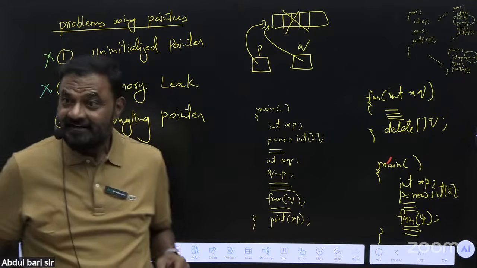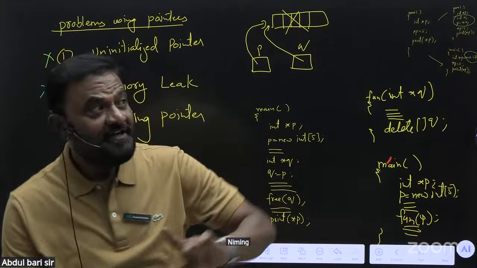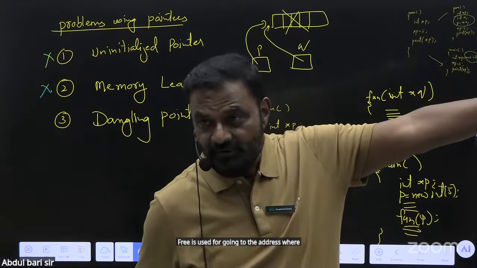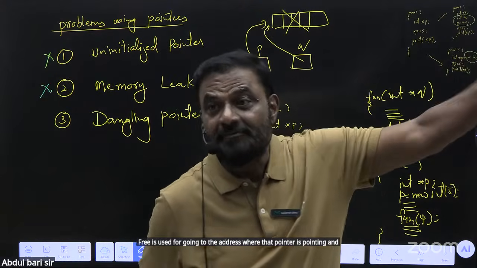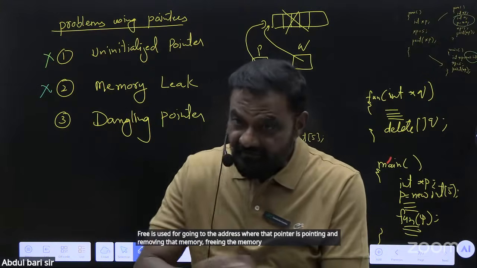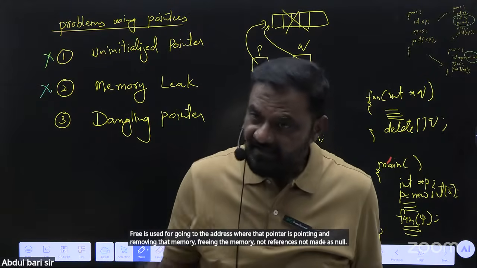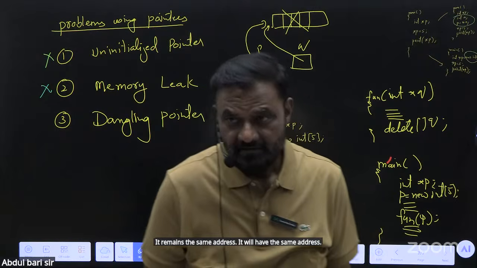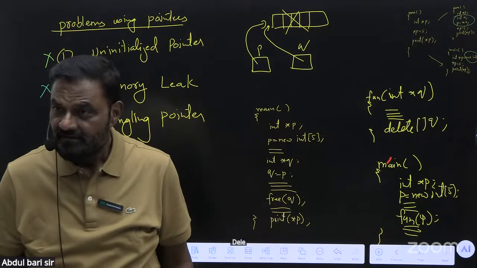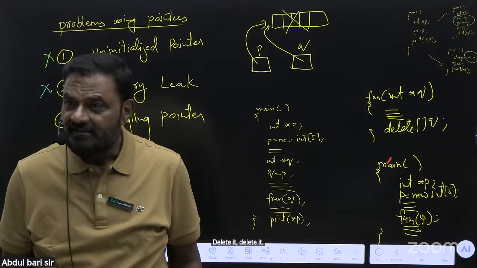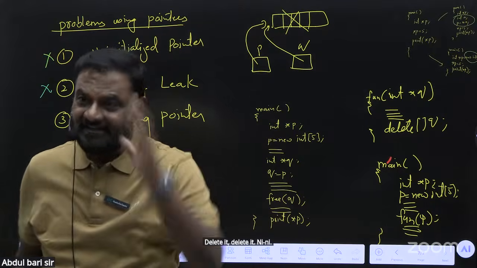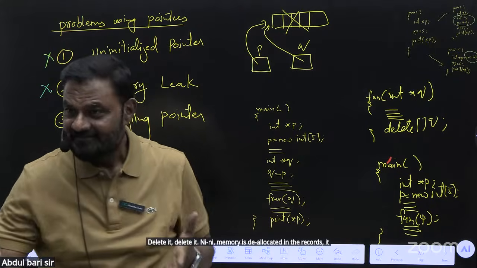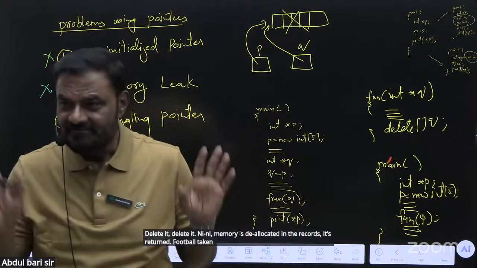No, no. Free is used for going to the address where that pointer is pointing and removing that memory, freeing the memory. The reference is not made null. It remains the same address. It will have the same address. Memory is deallocated. In the records, it's returned. Football taken, football returned.